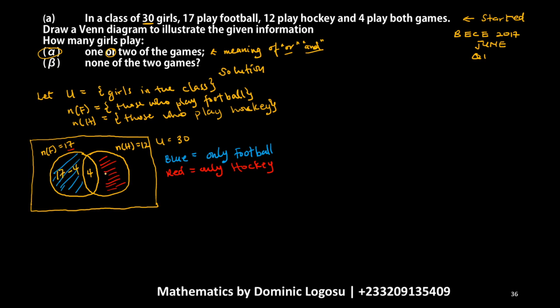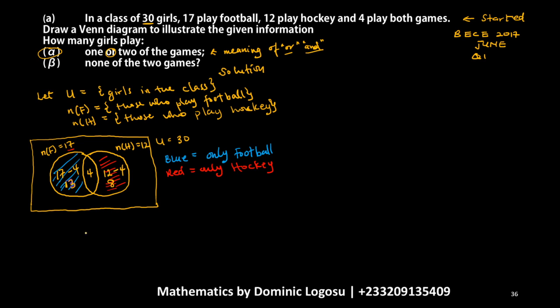And we're going to do the same thing here, 12 minus 4. Okay, in order to get the only. So having that means that the number of students who play only football will be 13, and the number of students who play only hockey will be 8. Okay, good.